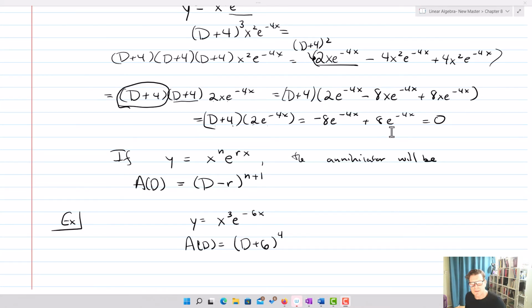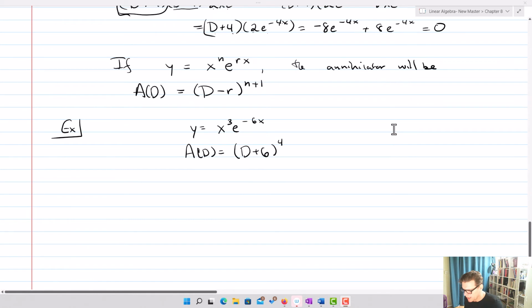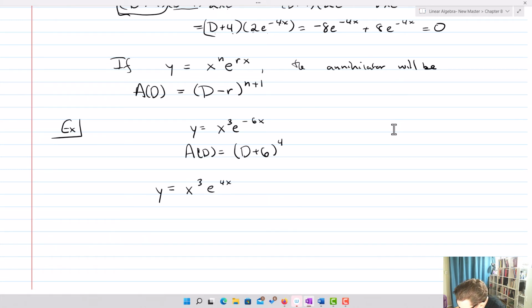A note on these repeated root annihilators, and this is actually kind of an important thing too: if I have a function of the form, let's say for example, x cubed e to the 4x plus x e to the 4x, or some scalars along those lines, notice that this is e to the 4x and this is e to the 4x, and the highest power is a power of 3.